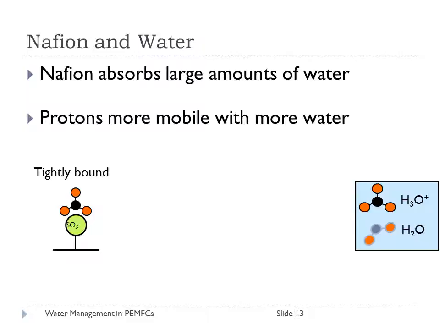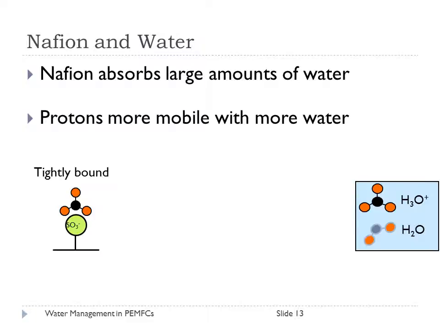So at first, if you have, let's say, one water molecule per sulfonic acid site, that water, and the proton associated with the H3O+, is going to be very tightly bound.